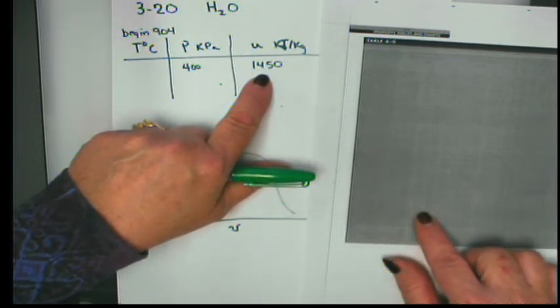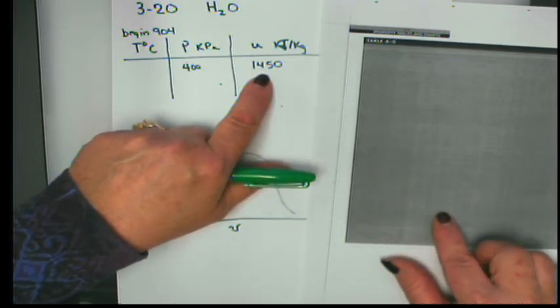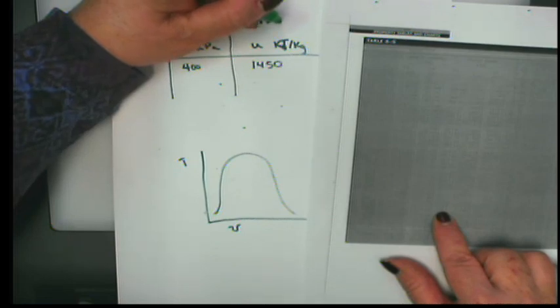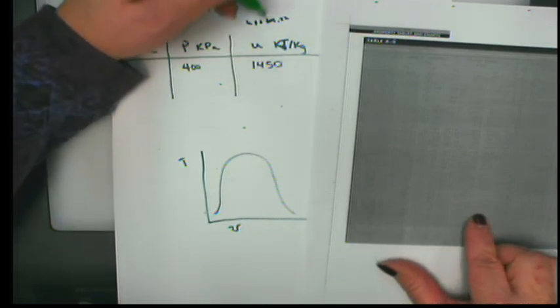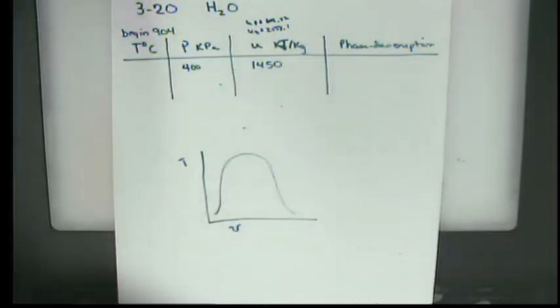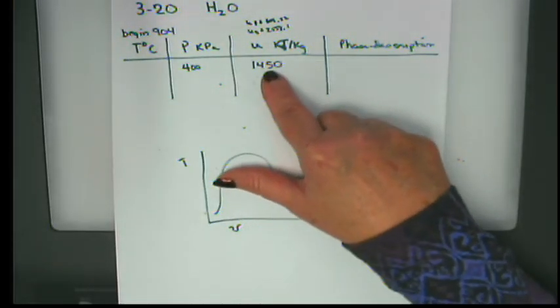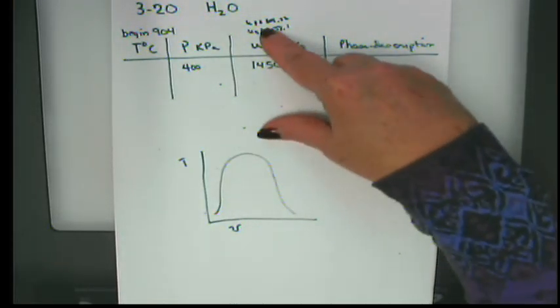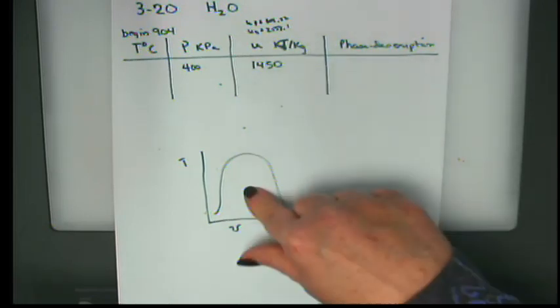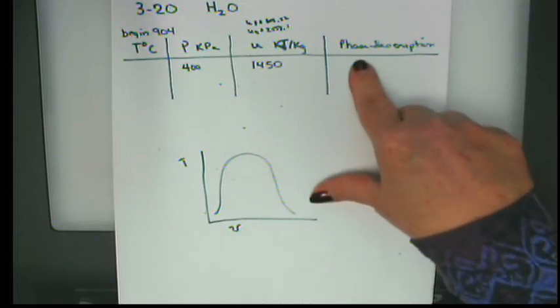If I go over to the columns for internal energy, what I find is that U sub F at that set of conditions is listed as 604.22, and U sub G is listed as 2553.1. All right, so the first thing is this value of U is greater than U sub F and less than U sub G.